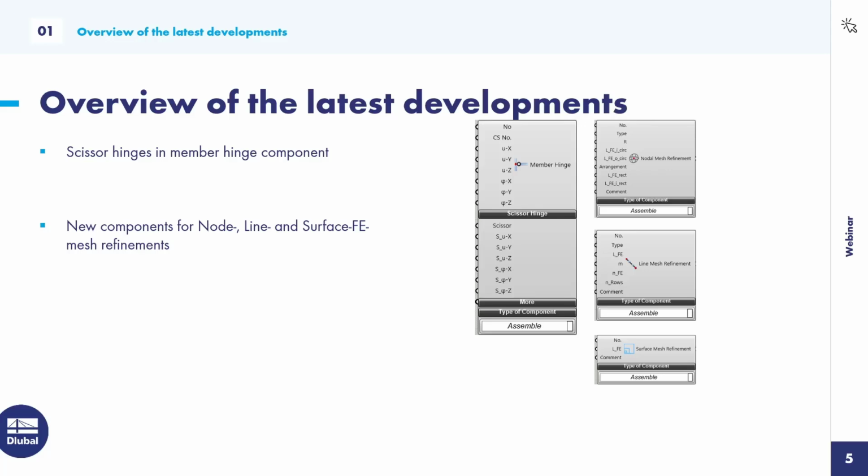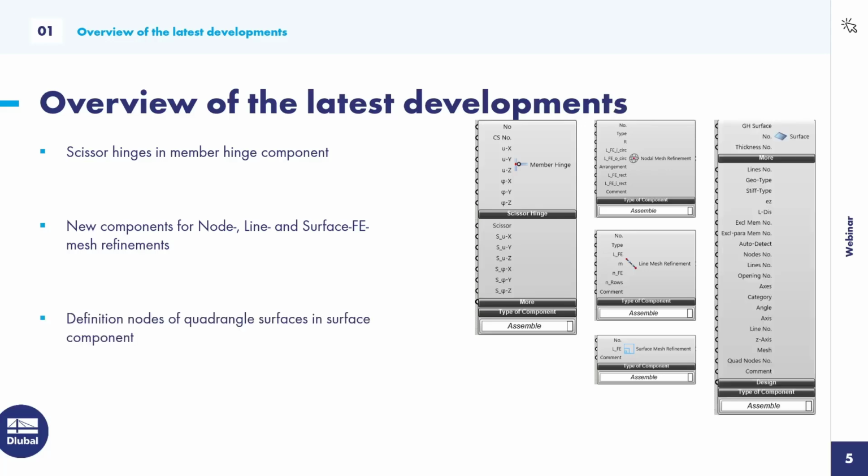So now you can control the finite element mesh on those objects. In the upcoming update of the plugin, we will also implement a new component which will allow you to control the global FE mesh setting.